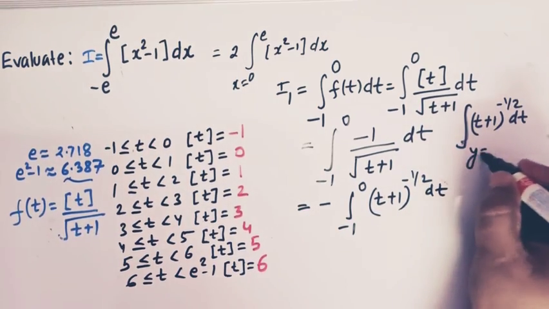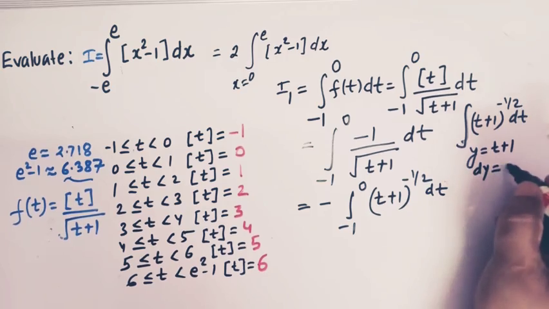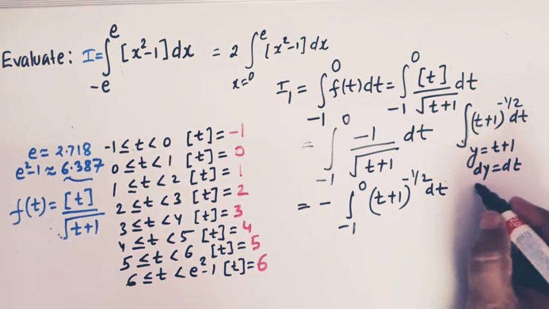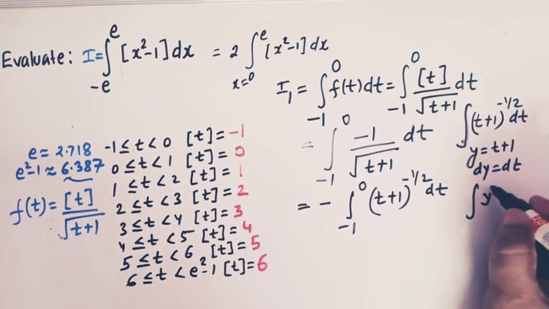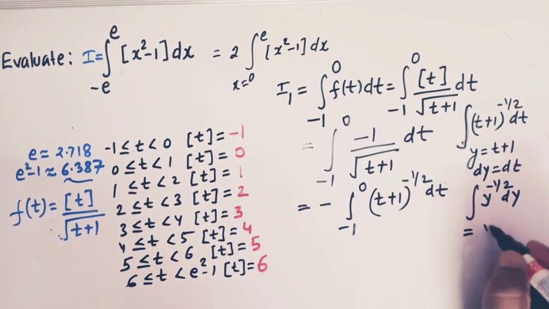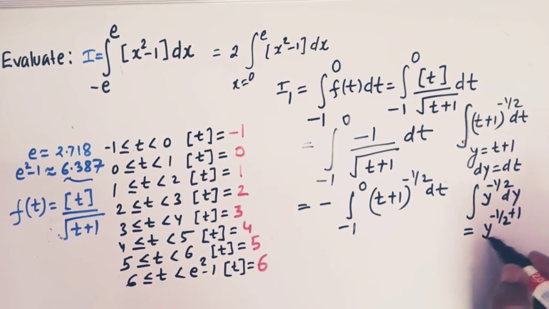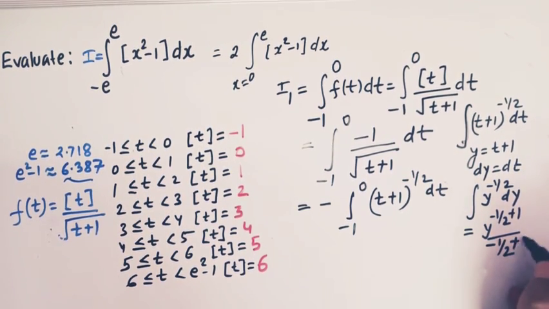Let us substitute y is equal to t plus 1. So dy is equal to dt, and this integral now reduces to the integral of y raised to minus half dy, which is equal to y raised to minus half plus 1 over minus half plus 1.